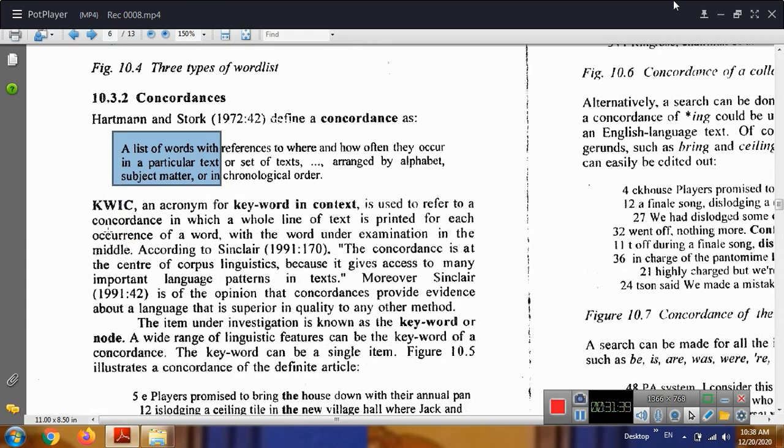KWIC is an acronym for keyword in context.